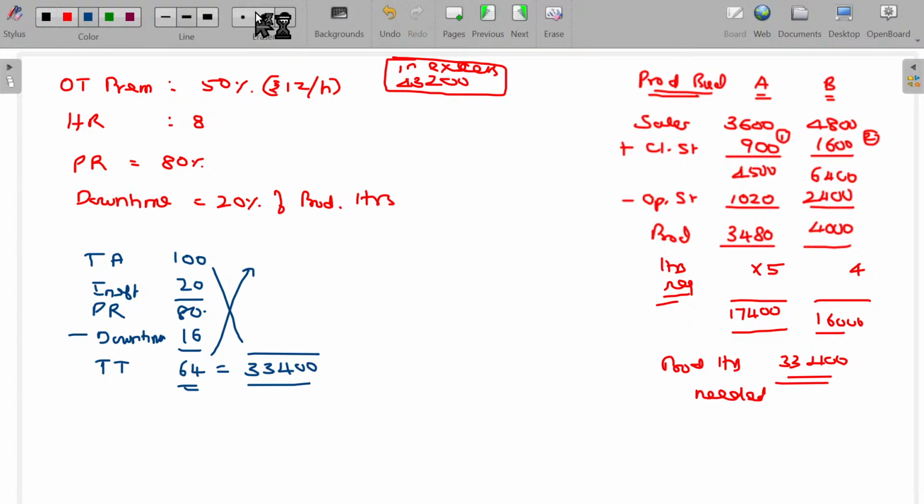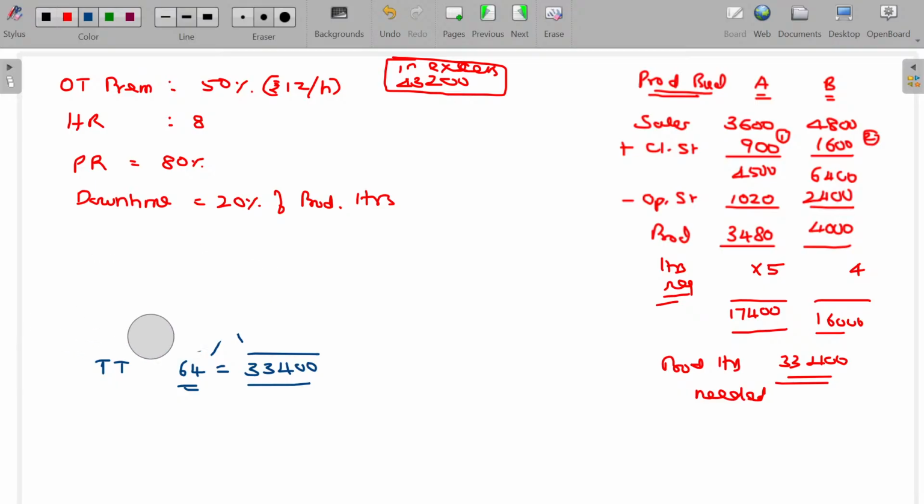Okay, they have calculated a different way. I'll work it out this way. As per the performance rating formula, it is time allowed by time taken.